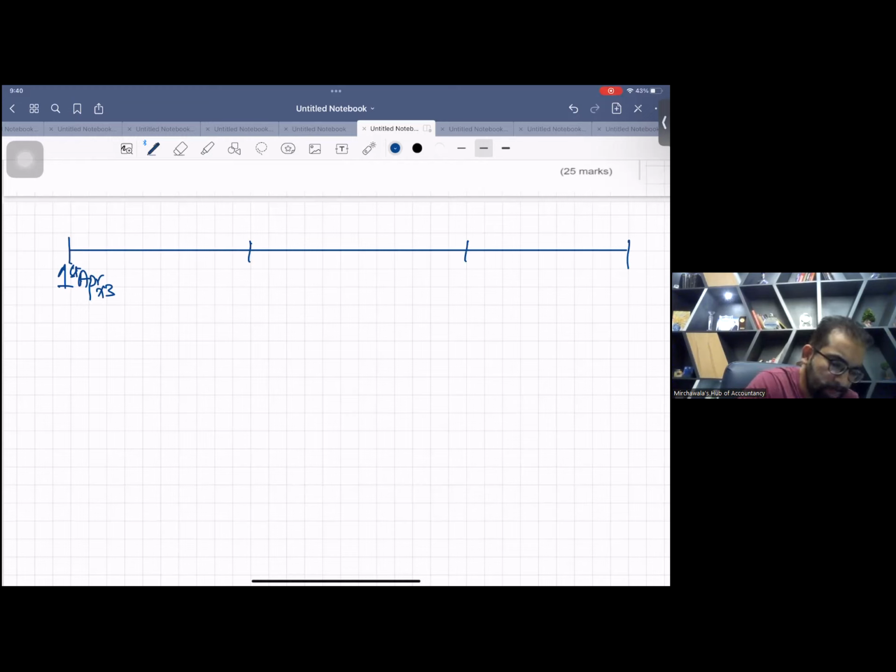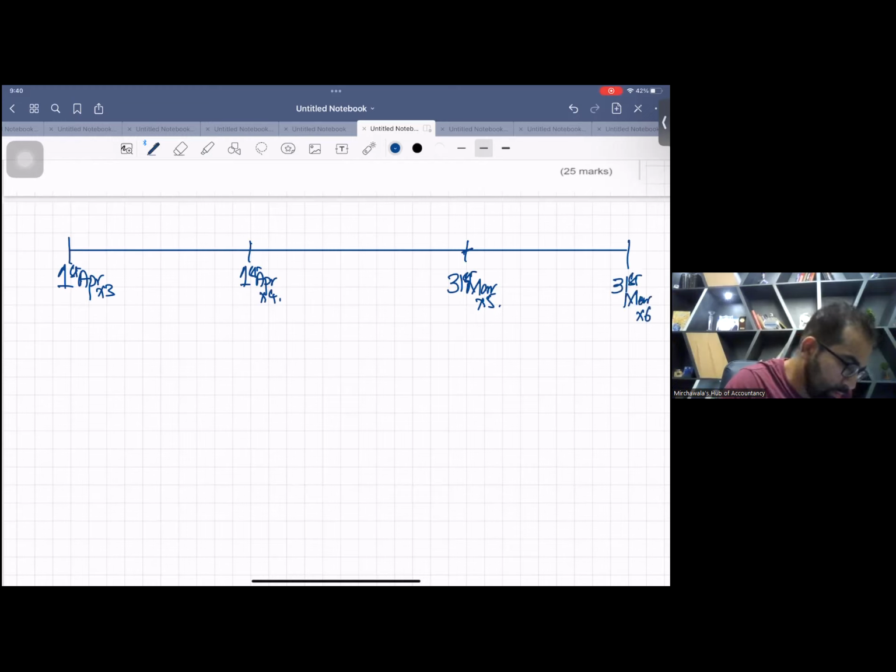Look at here. 1st April X3, 1st April X4, then 31st March X5. Yes, this is your year end. 31st March X5 is very important date. This is our SOFP date. But yes, we have to pay on 31st March X6.